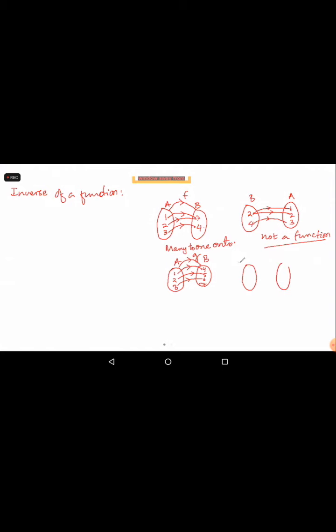Okay, define B to A. B has elements 4, 5, 6, 7 and A has elements 1, 2 and 3. Image of 4 will be 1. Image of 5 will be 2 and image of 6 will be 3. But 7 is having no image.